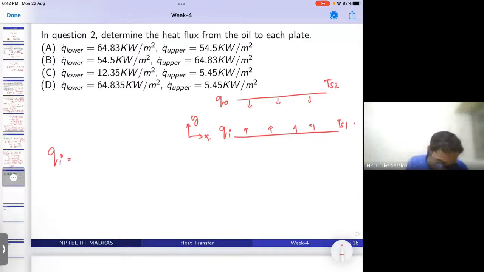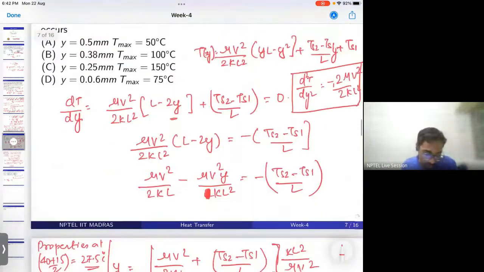We know Q lower is equal to minus k dT by dy at y equal to 0. dT by dy I already know, and at y equal to 0 this part becomes 0.